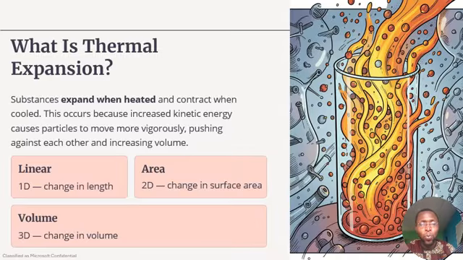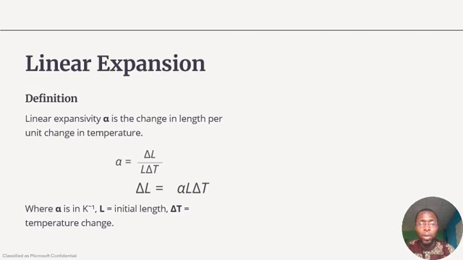So those are the three ways that expansion can occur: either in a linear way, which is 1D, or in area, sometimes called superficial, which is 2D, or in volume form, sometimes called cubical, which is 3D. So one after the other, we're going to consider each of these types of expansion.